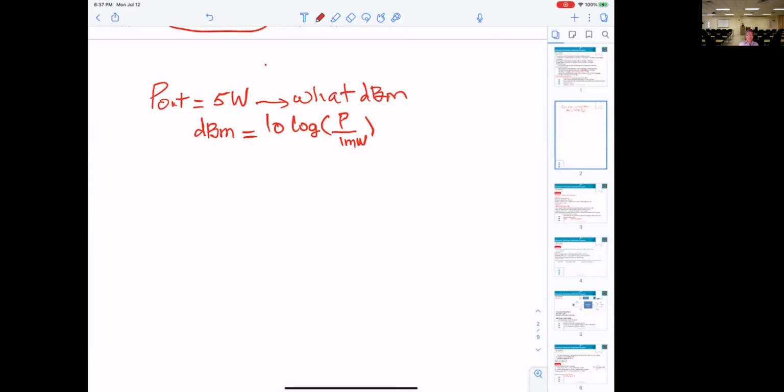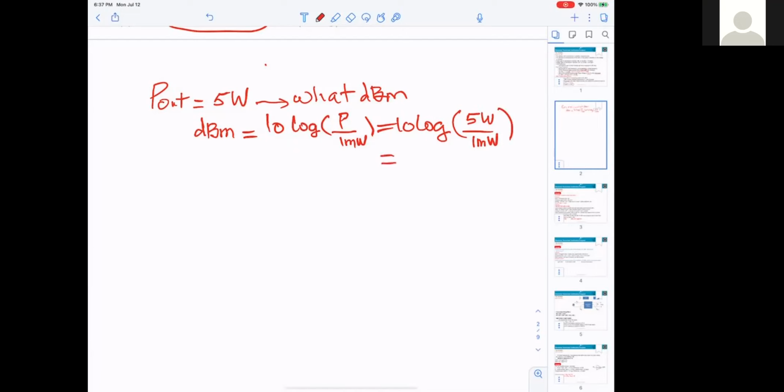So you have to use the formula: dBm equals 10 times log of P, which is 5 watts, over 1 milliwatt. Now you can do the calculation. Can you tell me what you get? Who can get the answer? 37.